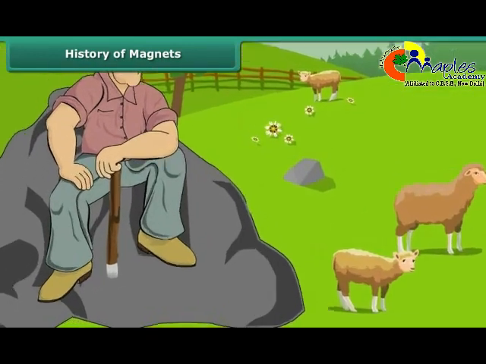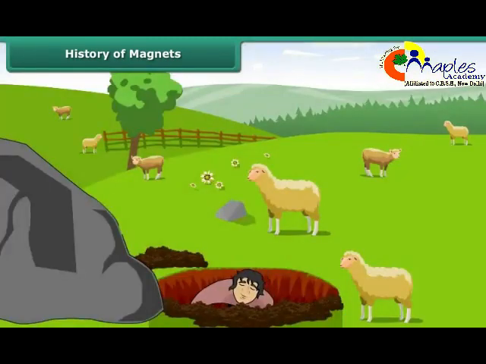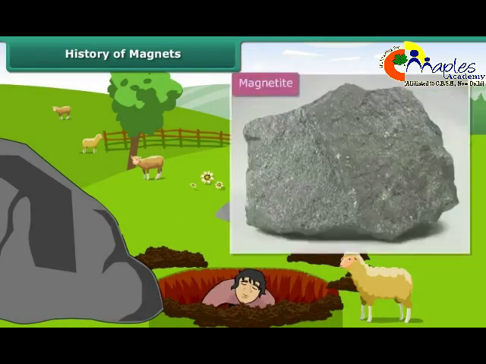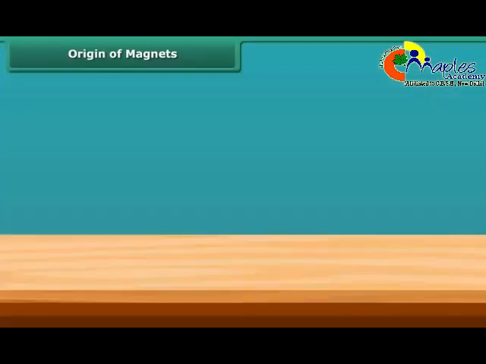Suddenly, the metal tip of his stick became firmly stuck to a large black rock on which he was sitting. To find the source of attraction, he dug up the earth to find magnetite, a natural magnetic material. This type of rock was subsequently named magnetite, after Magnus himself.